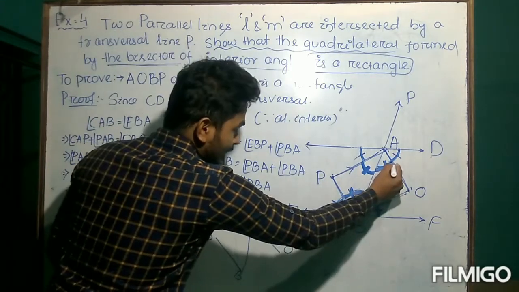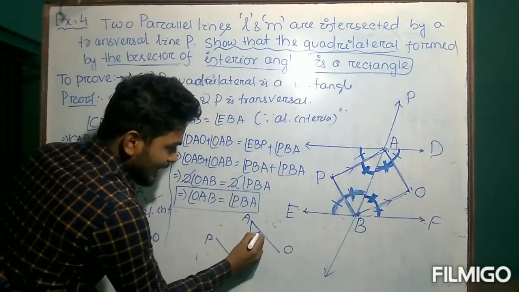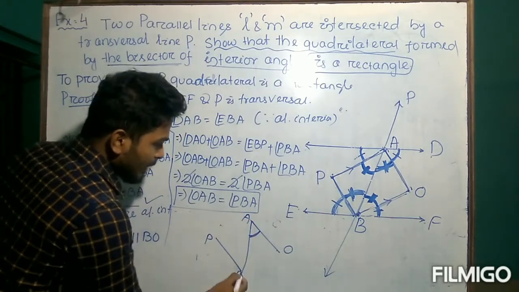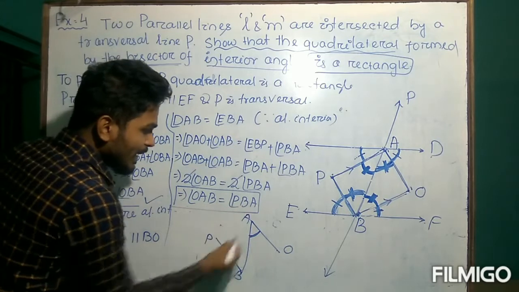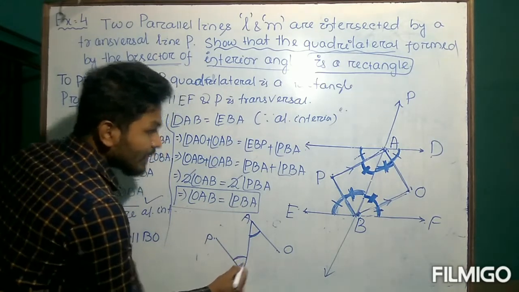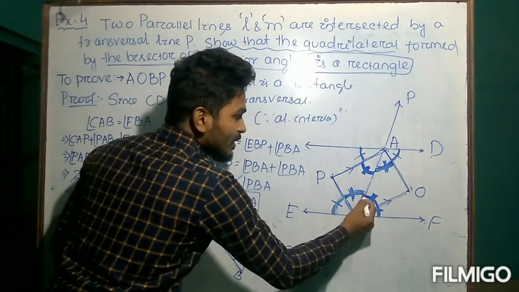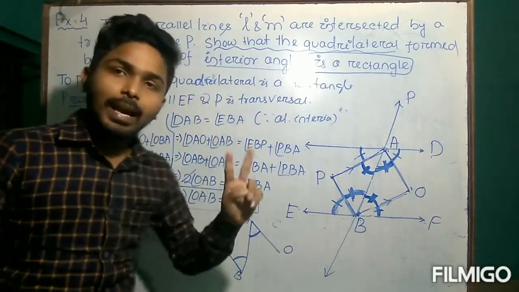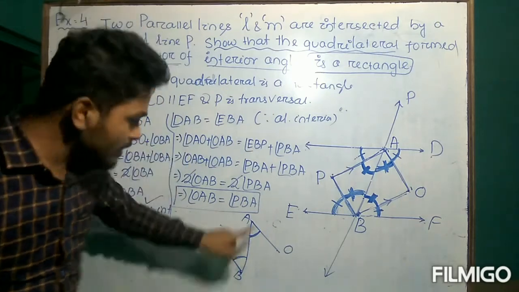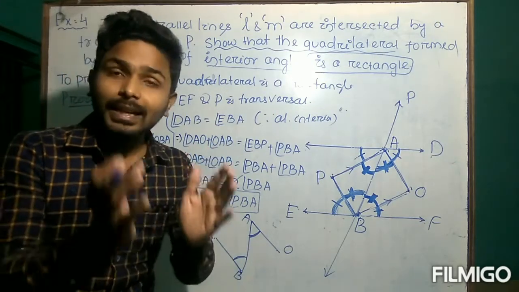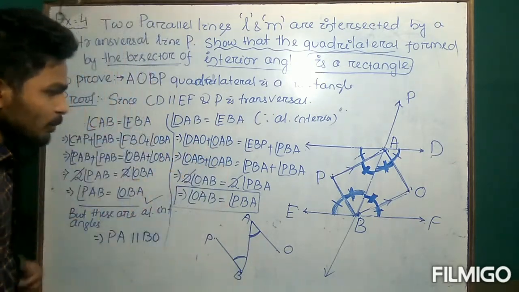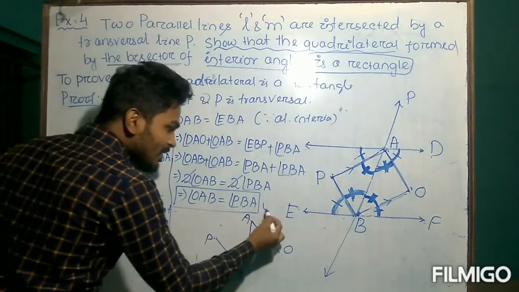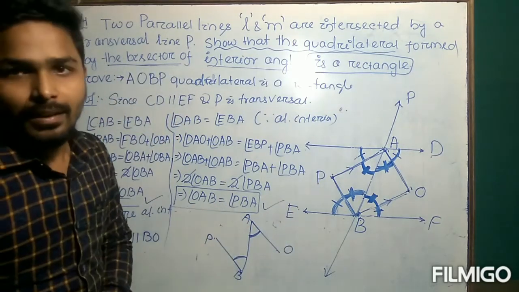So what we have proved here is that OAB is equal to PBA, this angle. Now tell me, if we consider OA and PB as two lines and AB as the transversal line, then these two angles are known as alternate interior angles. But we have proved that this pair of alternate interior angles are equal.